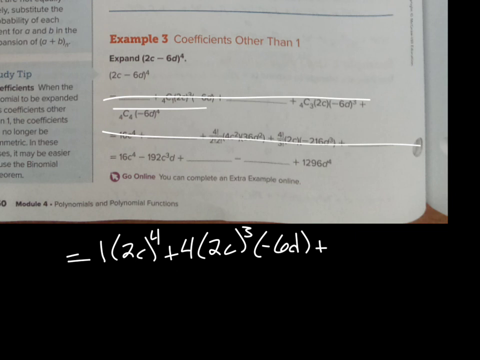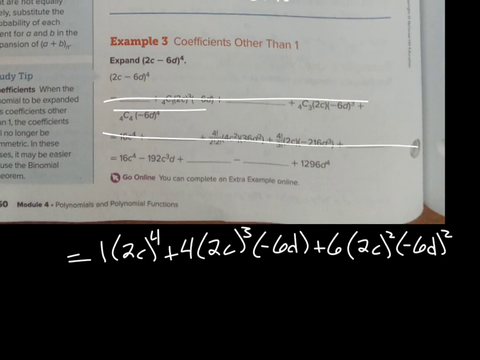Plus, what's the coefficient? 6 times 2c to the 2nd times... Is that okay with everybody?